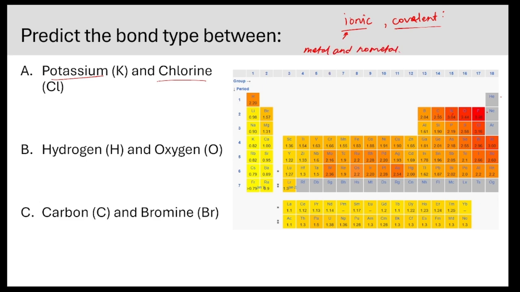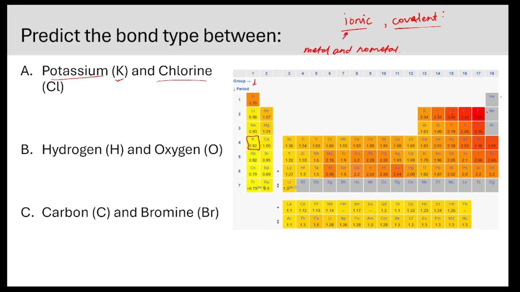So if we look at these elements, first we need to figure out where they are in the periodic table. The symbol for potassium is K, and it is here, which means it's in the first group. That means the valence electron is 1.